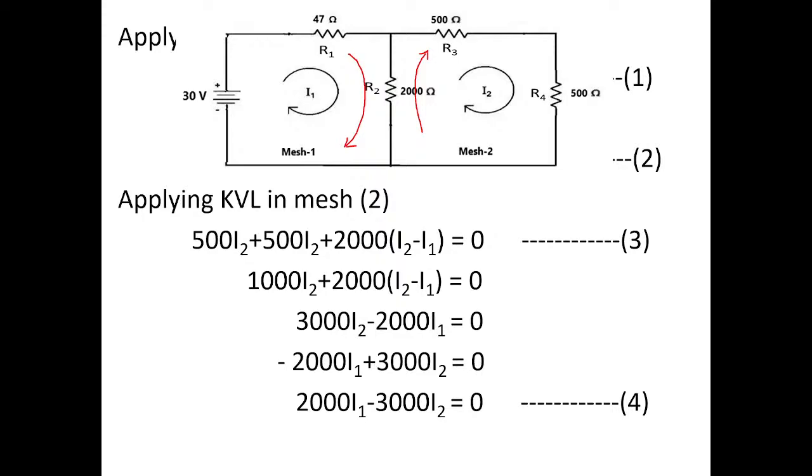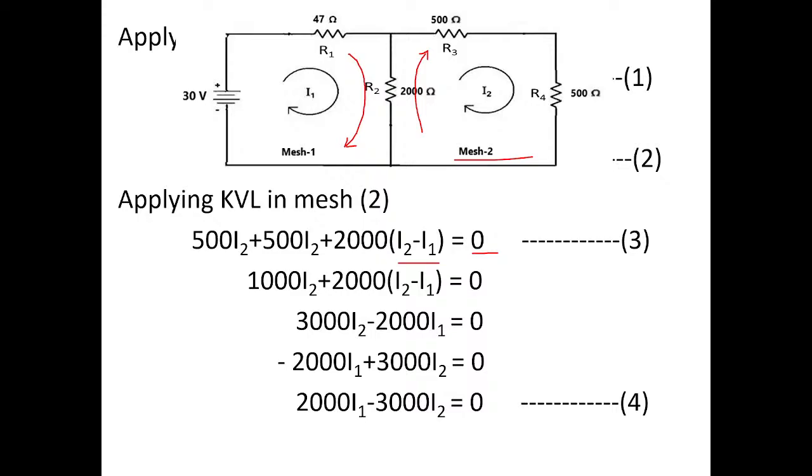Therefore, difference of I1 and I2. Since we are in mesh 2 now, that's why I2 minus I1. You must write I2 minus I1. Differential current will flow through resistor of 2000 ohms. Okay. So there is no voltage source. The algebraic sum of all the voltage drops is equal to 0. There is no voltage source, so we need not bother about it.